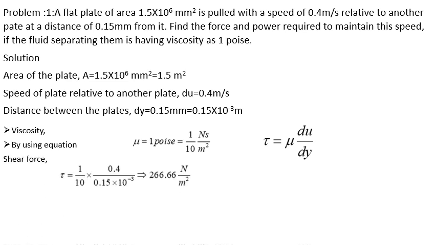The shear stress is equal to the mu value 1 by 10 into velocity du equals 0.4 meter per second, and dy, the distance between these two plates, is 0.15 into 10 to the power minus 3. That is, the shear stress is equal to 266.66 Newton per meter square.